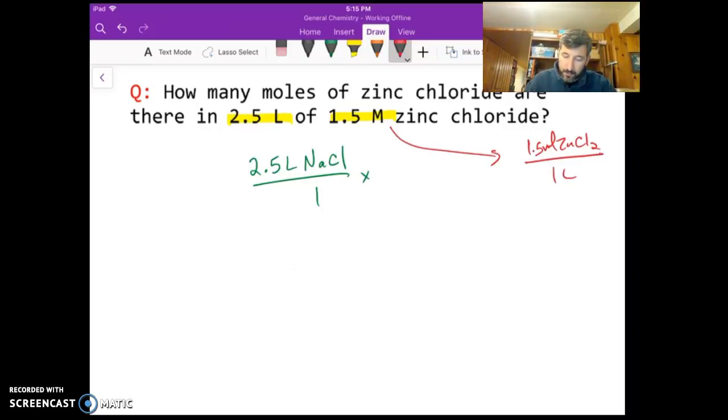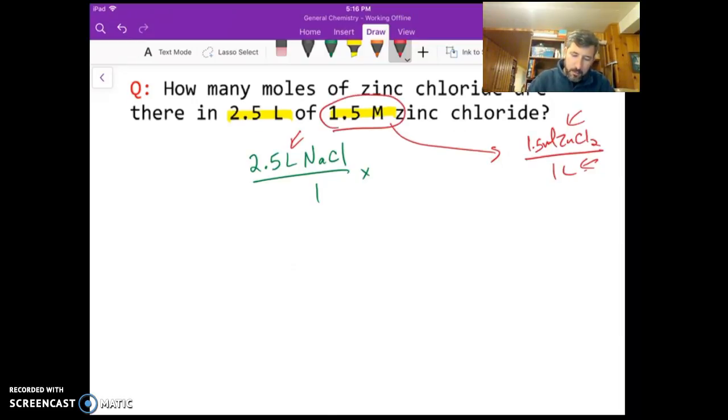So whenever we have a relationship between two different units, that's usually not going to be our starting point. Notice that this is a simple measurement. It only has one unit. So what I'm saying is molarity will never be your starting point. Molarity will always be a step along the way to convert between moles and liters. Okay?